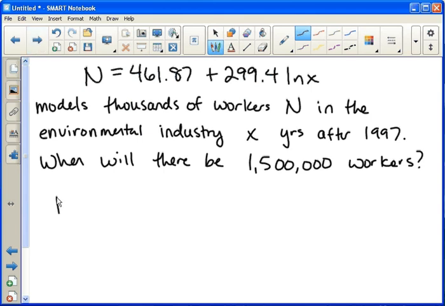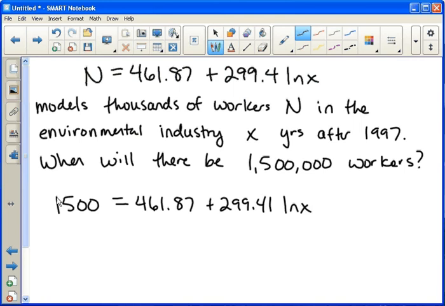Then I have 461.87 plus 299.41 natural log of x. And I'm trying to solve for that x, to find out how many years after 1997 this will take place. So first I need to subtract 461.87 from both sides. Let's see what that gives us. 1500 minus 461.87 gives us 1038.13.